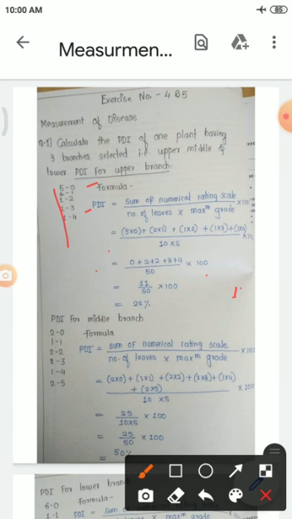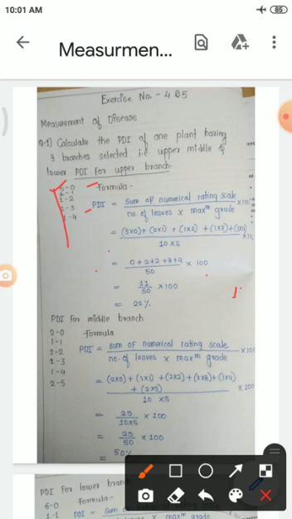When we calculate PDI for the upper branch, there are 5 leaves that show no damage. Then 2 leaves show some damage that comes under 1%.